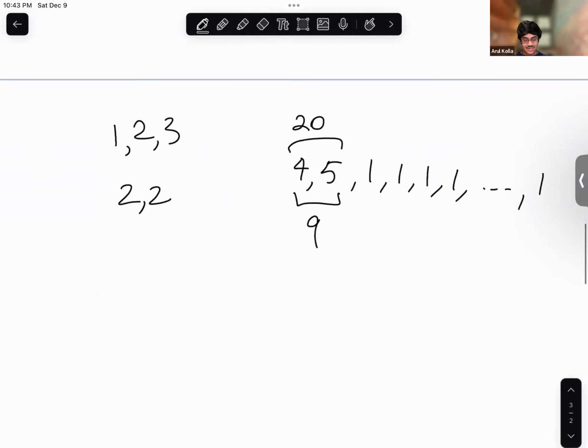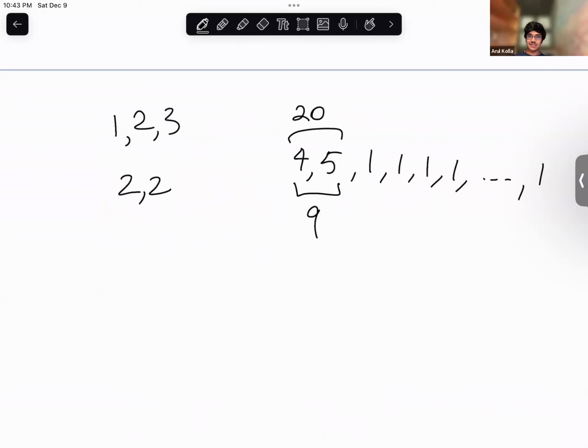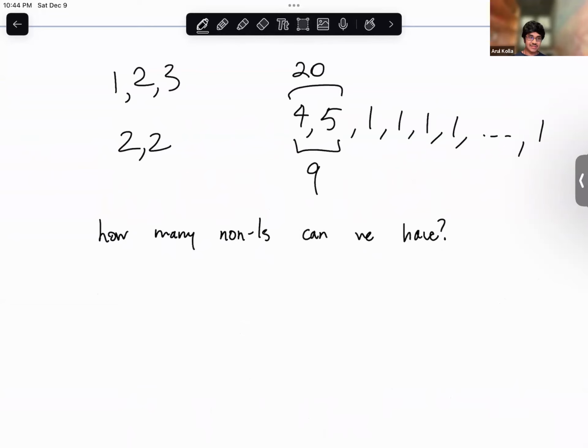So how do we solve the problem now? Well, let's think about how many non-1s can we have? The idea is, let's think about what is the minimum possible product of non-1s.